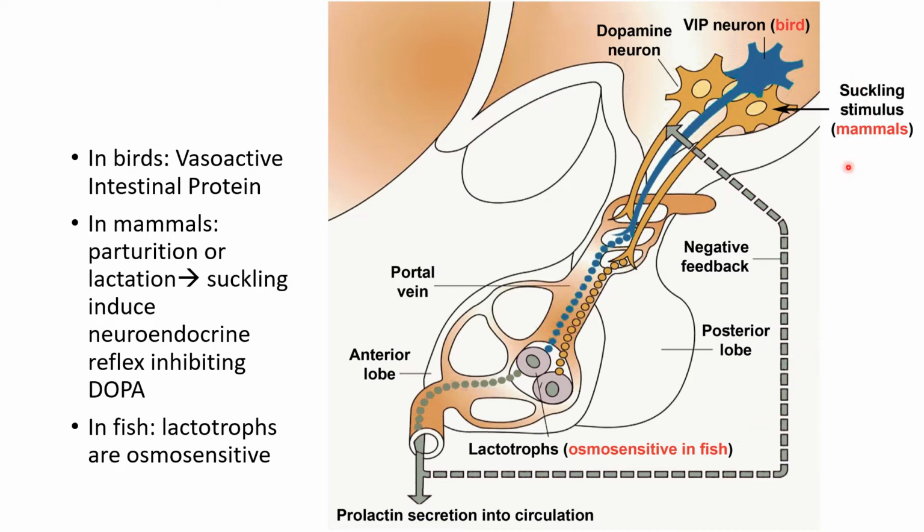So, lactotrophs are osmosensitive. These are the secretagogues or the secretory stimuli that would allow increased secretion of prolactin.